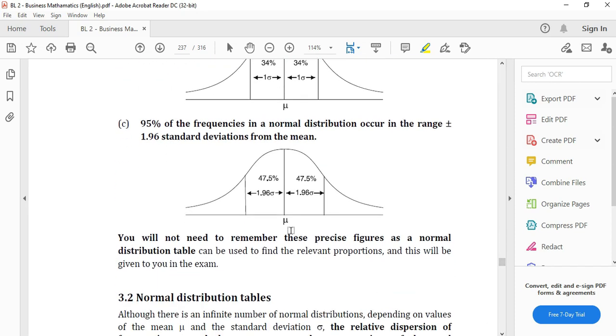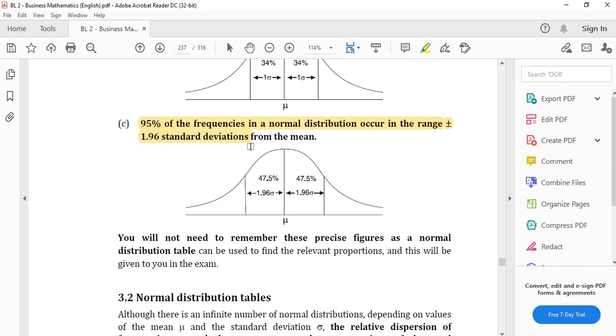They have given another scenario. Here, 95% of the frequencies occur in the range of 1.96 standard deviations from the mean. Now here's where a new learning point comes.